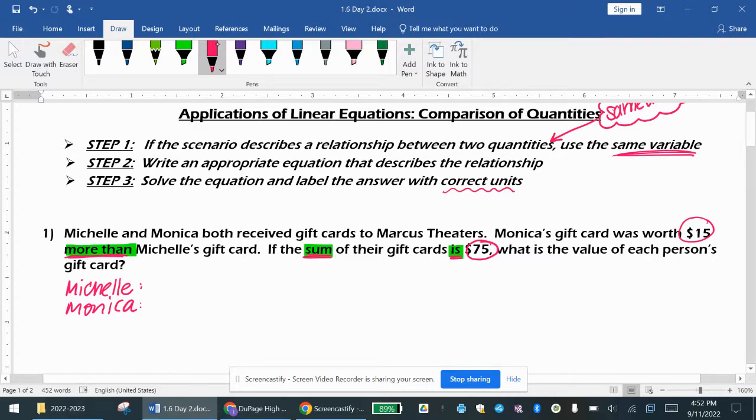They both have a gift card with money on it. But then they told us that Monica's gift card has $15 more. So I'm going to put plus 15, because the phrase more than means addition.